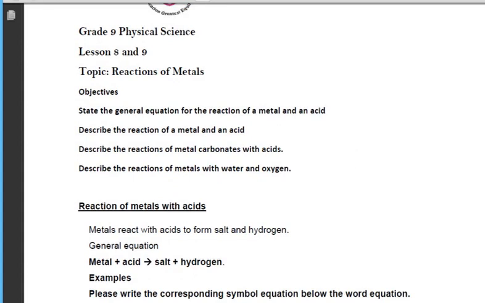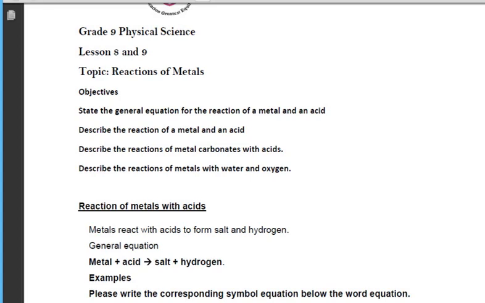Because this is lesson 8 and lesson 9, we will take 2 periods or 2 lessons to cover all these concepts. So in the next lesson we will also look at reactions of metals with oxygen, as well as reactions of metals with water.